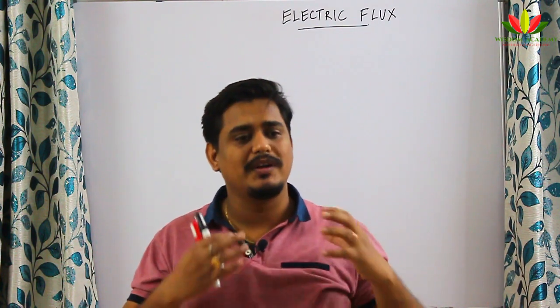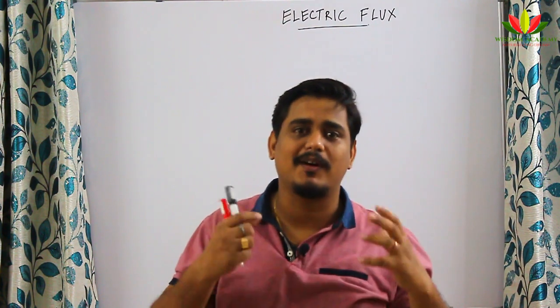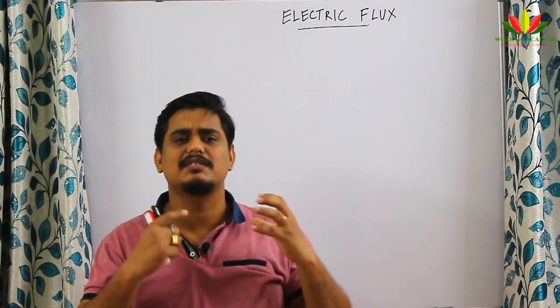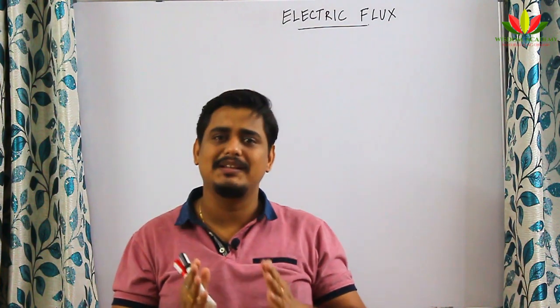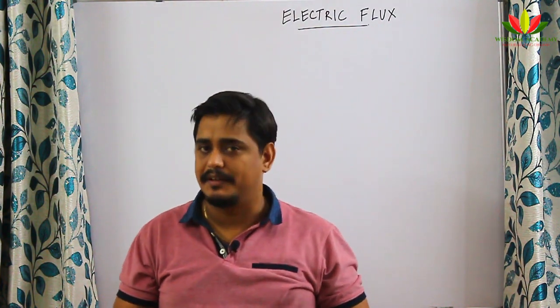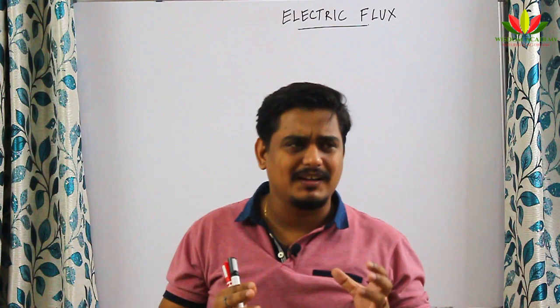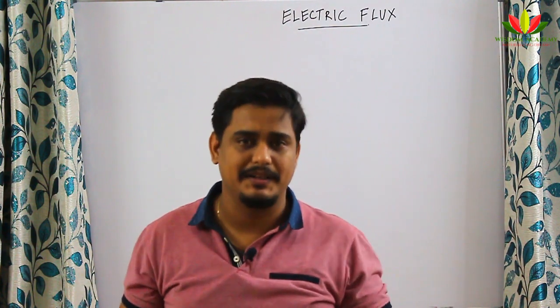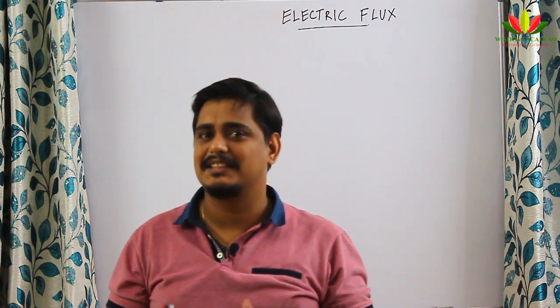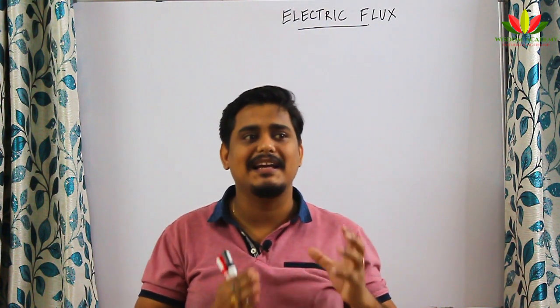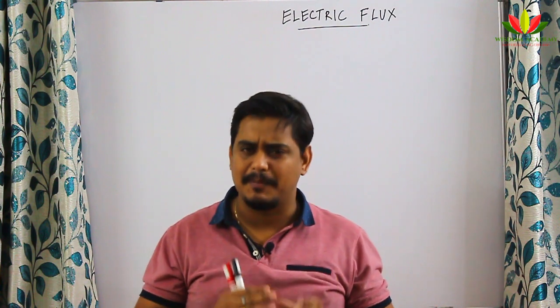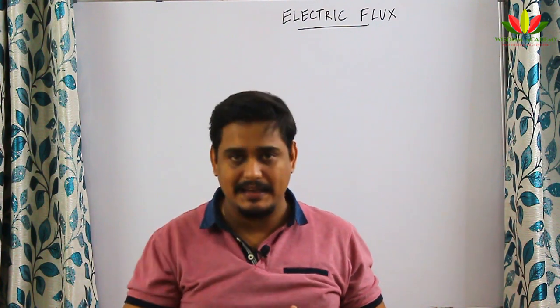So if air passes through an area, it is called as air flux. If water is passing through a particular area region, it is called as water flux. Same way, electric flux has something to do with electric field, right? So flux is a measure of any vector field. So electric flux is the measure of electric field, that how many electric lines of forces are passing through a given area.